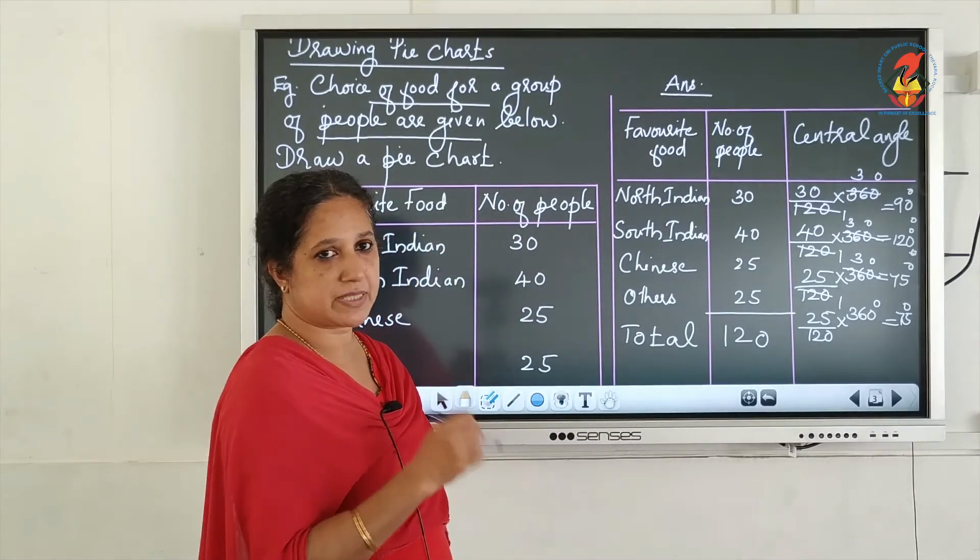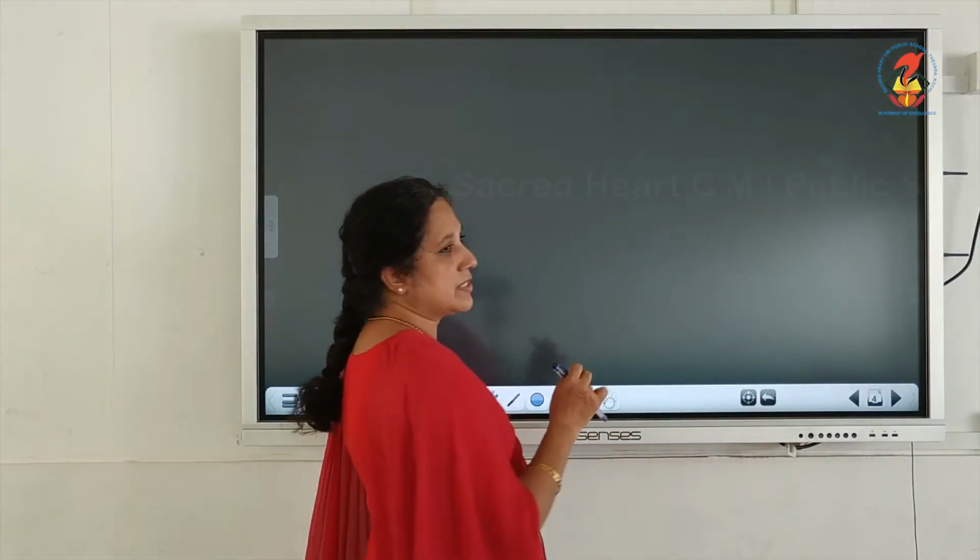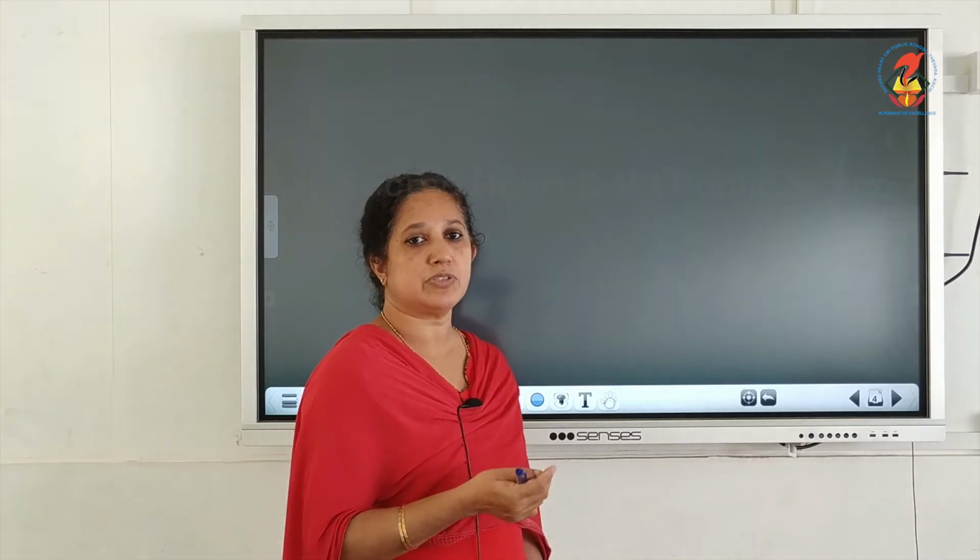Now we have to represent the given data in a circle. First of all, with a suitable radius you can draw a circle.